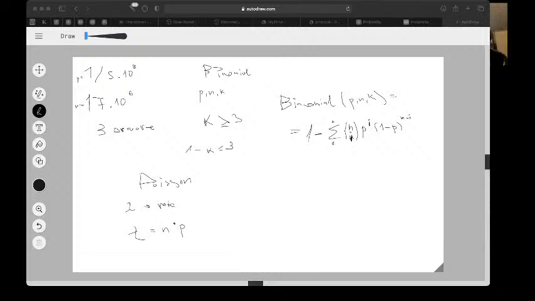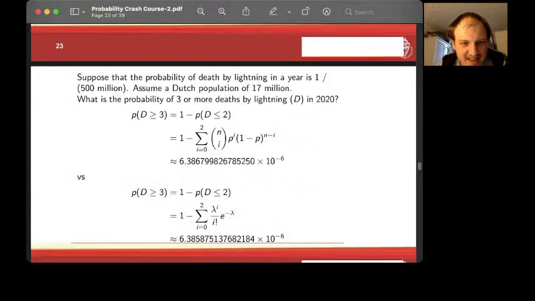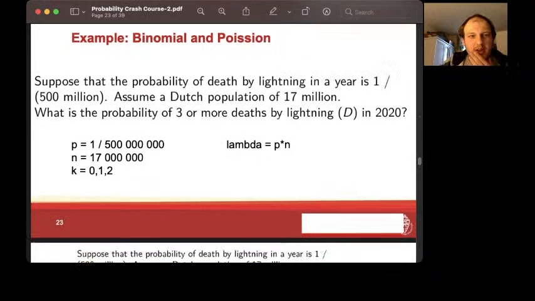I can return to my slides because there I have a prettier version of that. So we identify p, n, and k from the text, and we also know that lambda is equal to the probability times the number of samples.